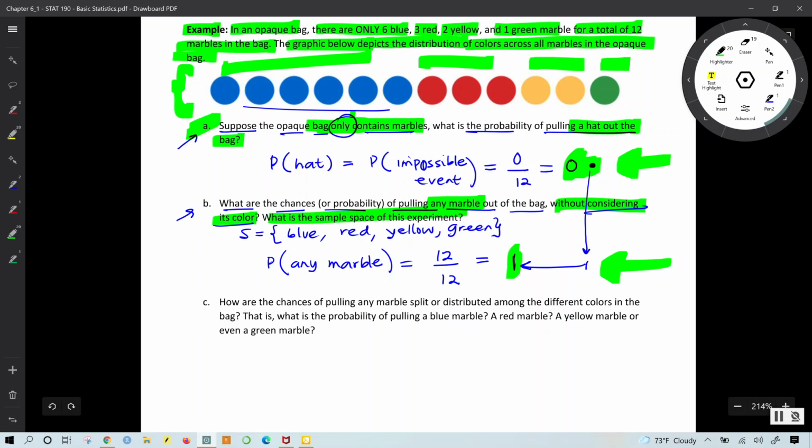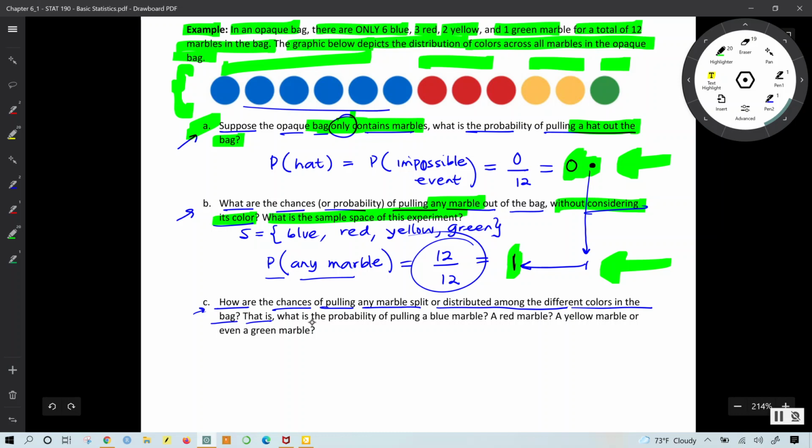Now we proceed to build up on this to talk about a probability distribution. When we talked about the probability of any marble being 12 out of 12, we might probe even further and say, in question C, how are the chances of pulling any marble split or distributed among the different colors in the bag?